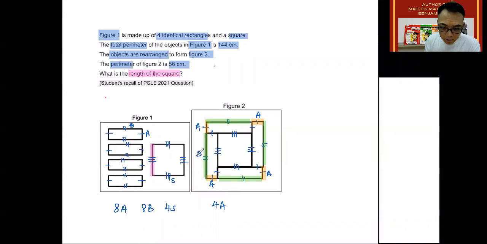B, B, B, and B. So there are 4 B's. Now, since we know that the perimeter of figure 2 is 56, then we also know that this has a total value of 56.